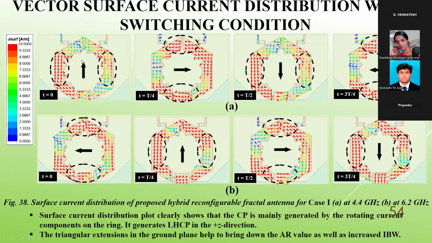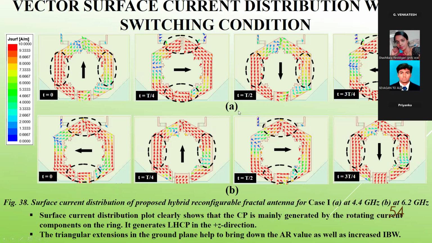In the first case, the orientation you can see is bottom to top, then left to right, then bottom to top, then right to left. So this gives LHCP. Similarly, this is again at 6.2 GHz. This gives LHCP.